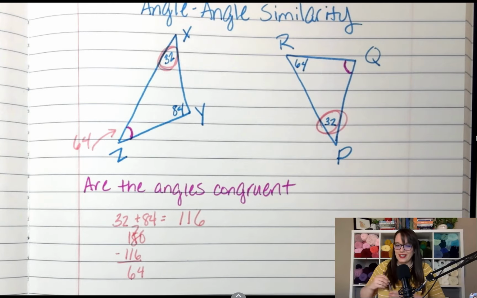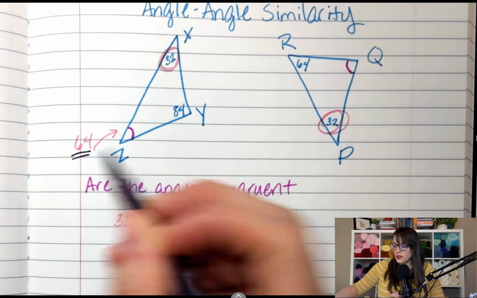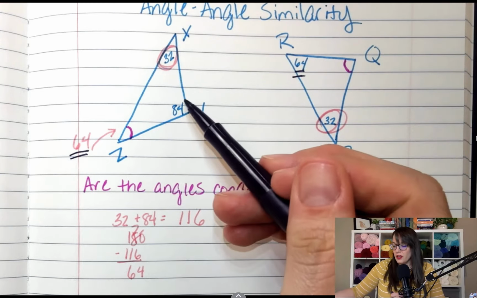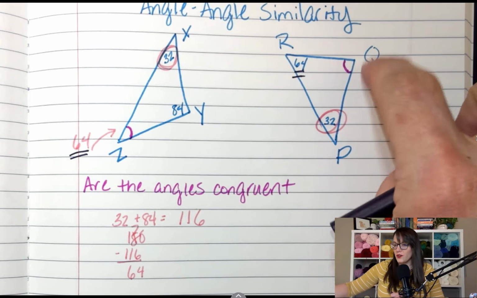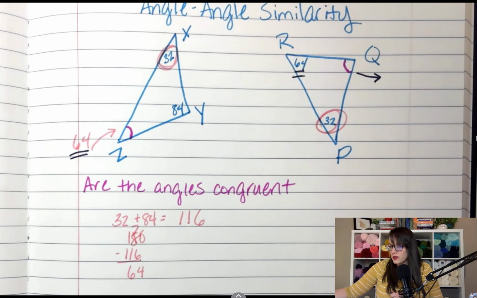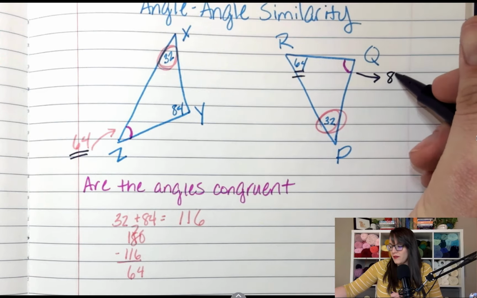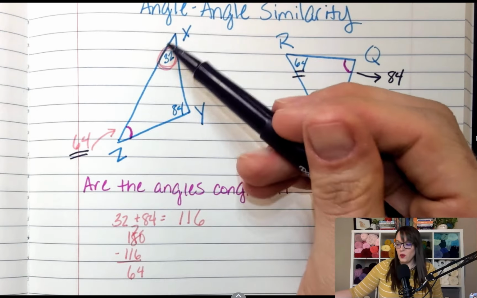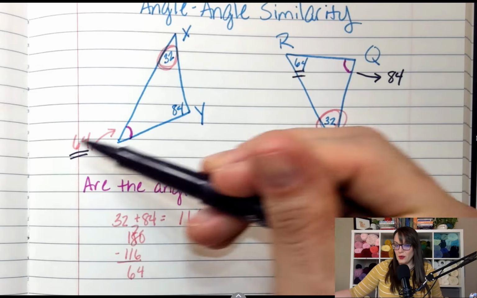Now let's look over here. We really only have to do this once because now we know if this one is 64, this one is 64, this is 32, that's 32. So the third angle over here, how much is angle Q? Angle Q has to be 84 because if there's 180 degrees in a triangle, we know that these three numbers add up to 180.